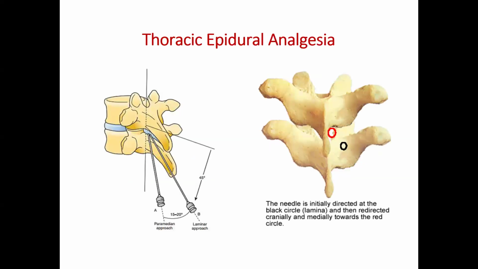So this is a thoracic epidural, for example, for a patient that had, let us say, pneumonectomy or pulmonary surgery, or upper abdominal surgery. A thoracic epidural would be a good choice, but again, there is a risk of complications like epidural hematoma, or compromising the spinal cord.